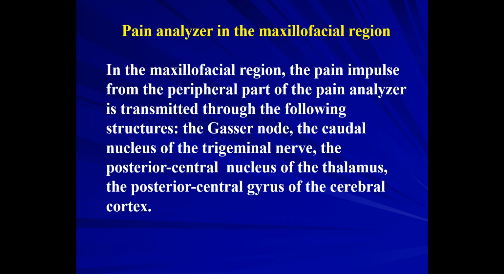Pain analyzer in the maxillofacial region. In the maxillofacial region, the pain impulse from the peripheral part of the pain analyzer is transmitted through the following structures: the Gasserian node, the caudal nucleus of the trigeminal nerve, the posterolateral nucleus of the thalamus, and the postcentral gyrus of the cerebral cortex.